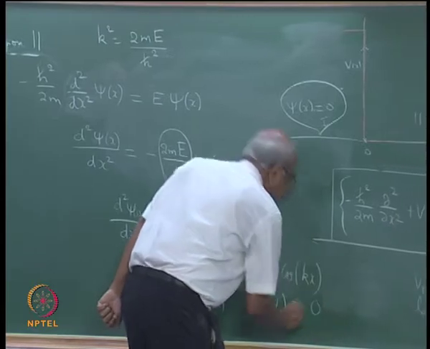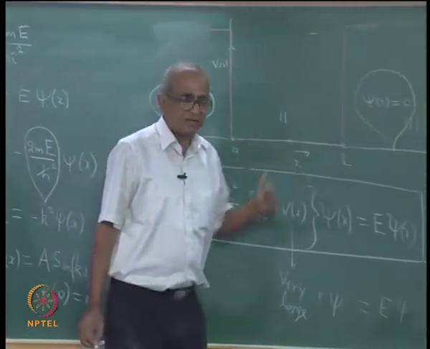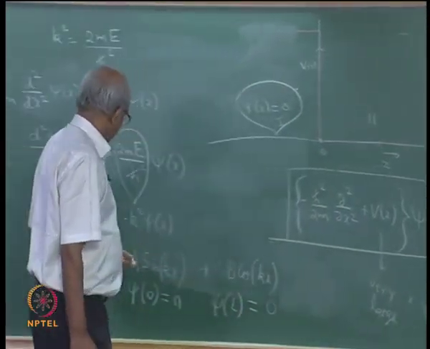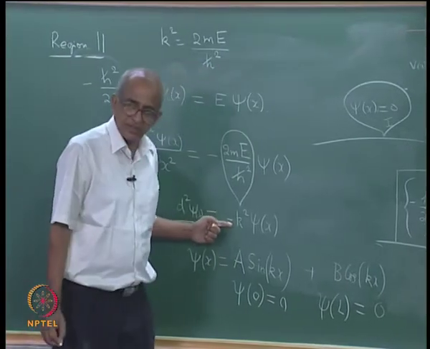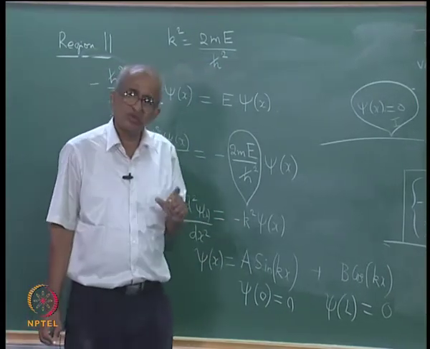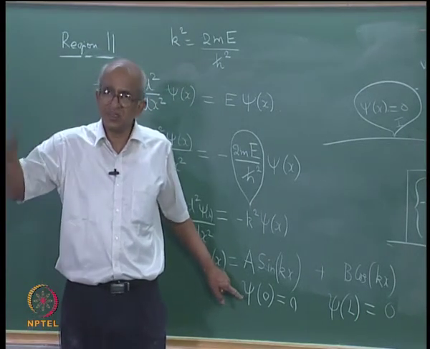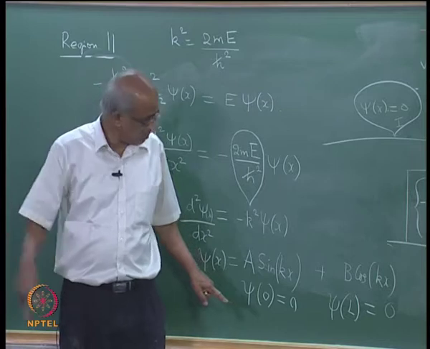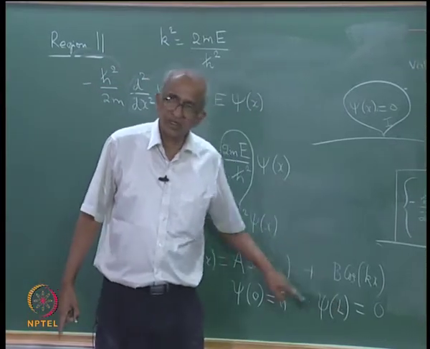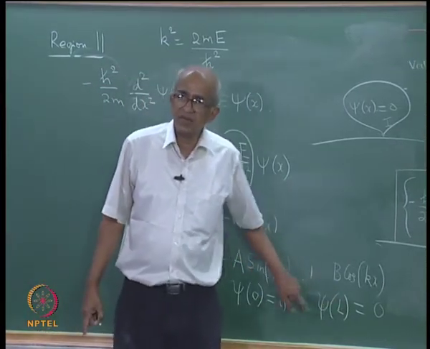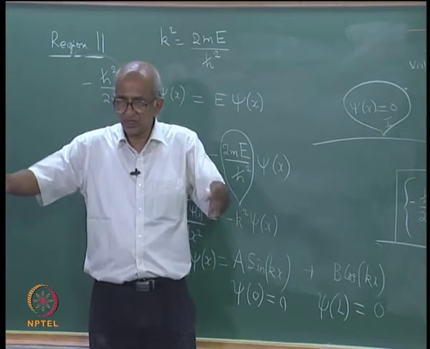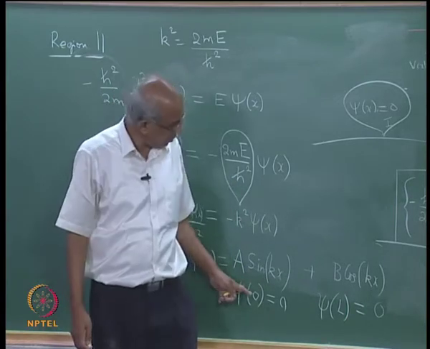In region 2, you have to solve this differential equation subject to two conditions. The conditions, notice, are at the boundaries of this region, and therefore these are referred to as boundary conditions that the wave function should satisfy, because they are at the boundaries of the box. So at the boundaries, what should happen?